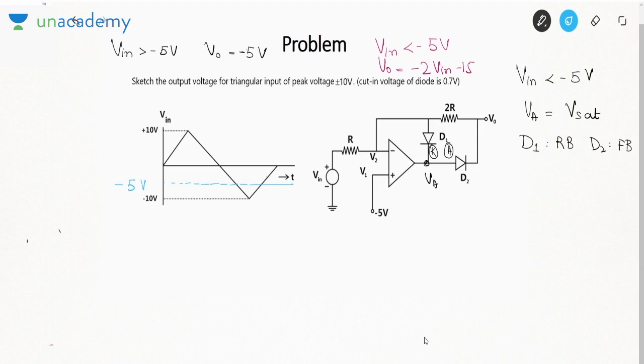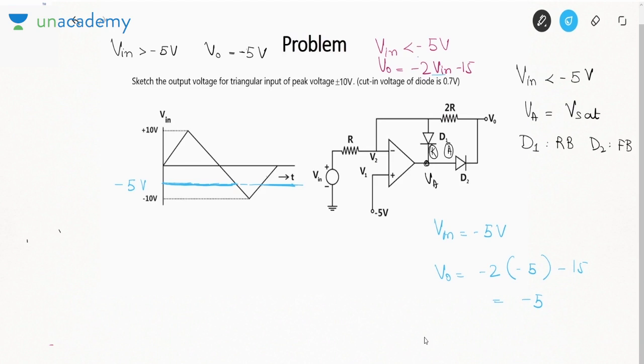When Vin is greater than minus 5, the output will be minus 5. But when it is less, then the output is minus 2 Vin minus 15. So when Vin is equal to minus 5, what is V0? Minus 2 into minus 5 minus 15, that is minus 5.